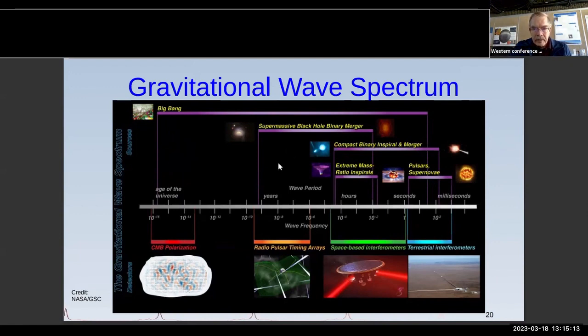Then right here is what we're looking at. The radio pulsar timing arrays are working in the nanohertz frequency, which makes the period on the order of many months to many years, dozens of years. So this is the area we're looking at here.